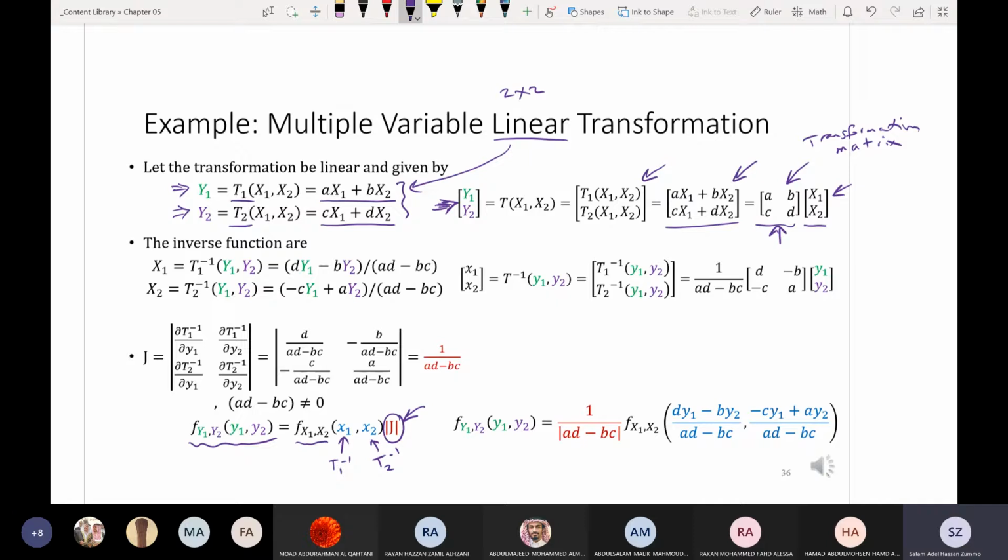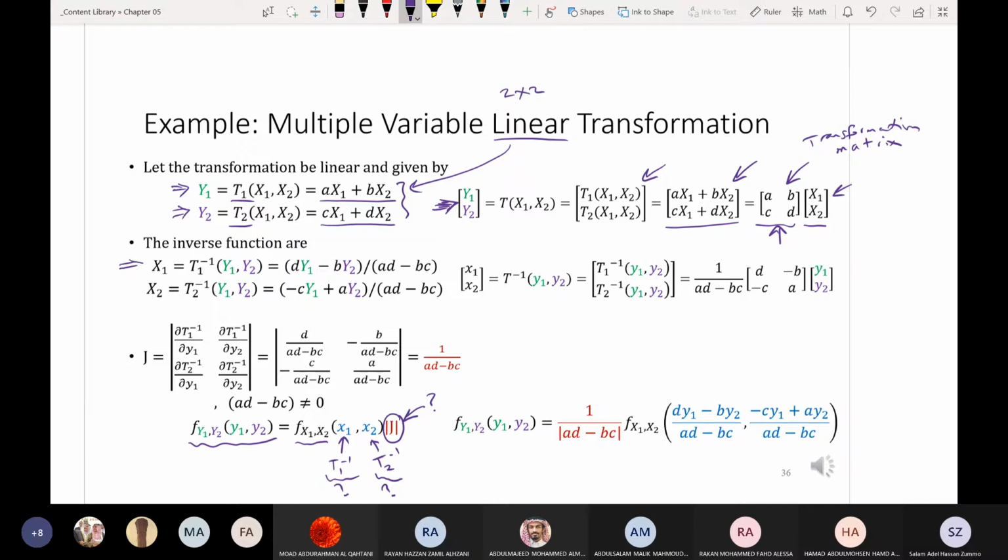So again, I need to find this. What I'm missing here is the determinant of the Jacobian and the T1 inverse and T2 inverse. Once I find them, I will be able to write the PDF of y in terms of the PDF of x. So let's find, first of all, the inverse functions.